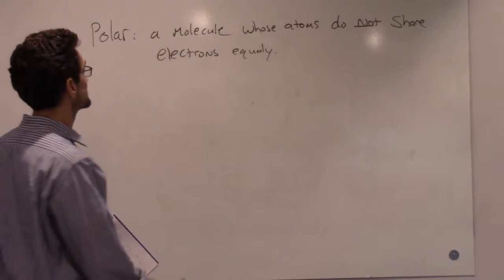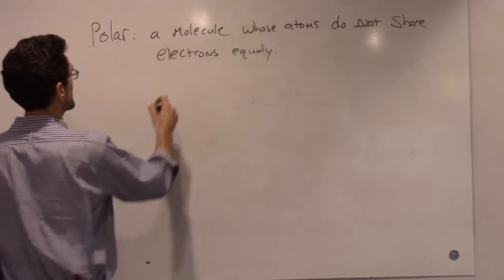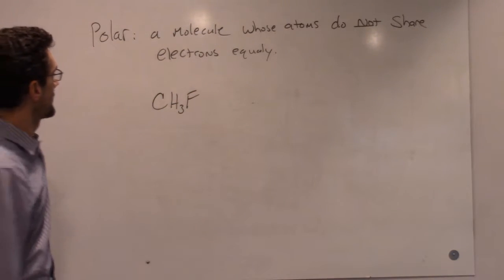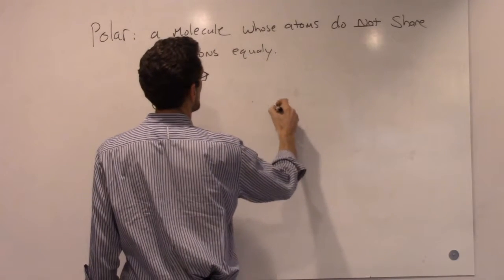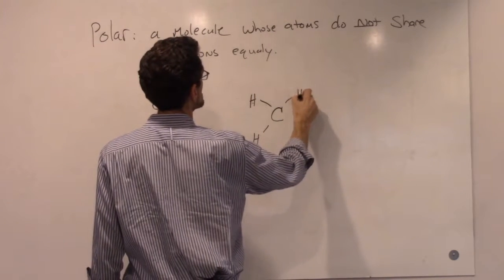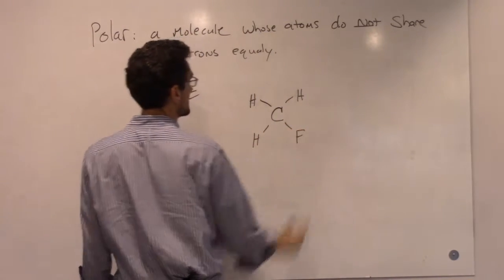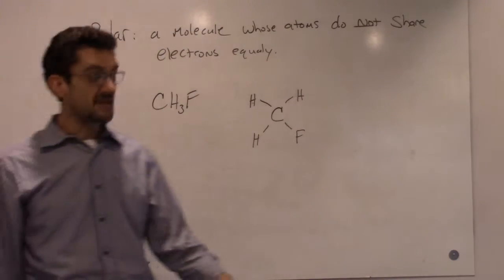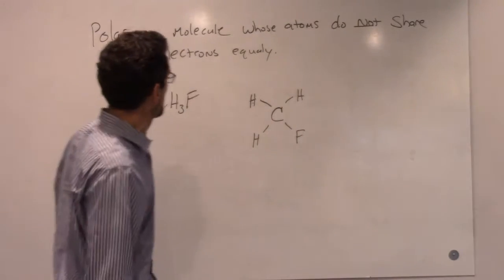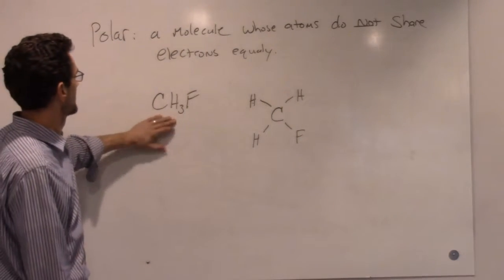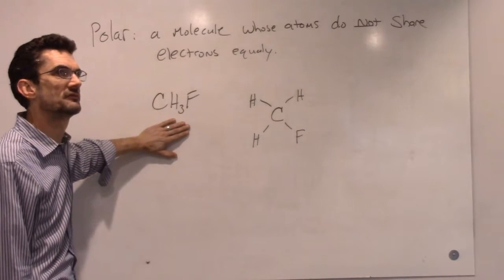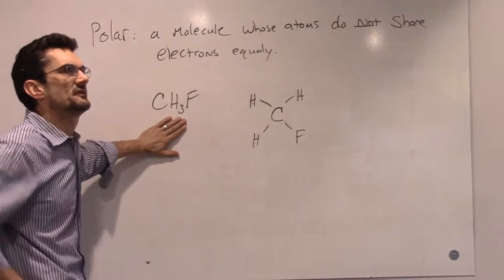Alright, so what this does is, I'll draw you a picture here. So let's take a look at CH3F. What does this molecule look like? Well, you've got carbon in the middle with 1, 2, 3 hydrogens. I'm not going to worry about the 3D representation of it. In the ideal world, all these atoms come together to form methyl fluoride.